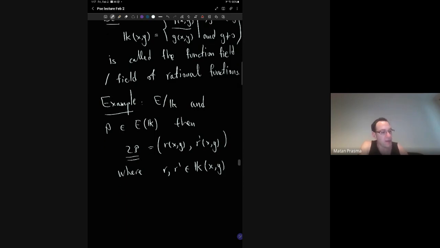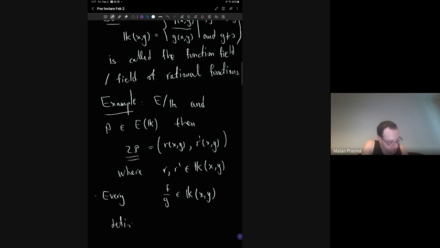Now, we call them rational functions, but they are not actually functions. So every element R, let's say it has a representation f modulo g, or let me even just pick a specific representation, f modulo g.